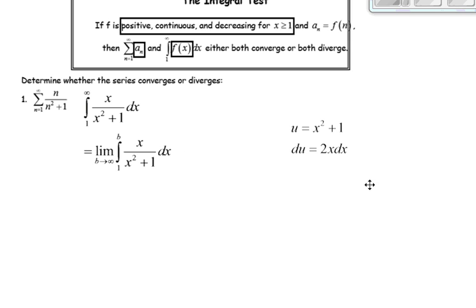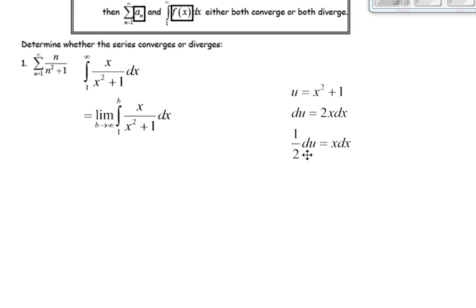And so we have the x sitting up here, but we need to take care of the 2. So then that would be 1/2 du equals x dx. All right, so since we have that 1/2, I'm going to put that 1/2 out in front of the limit. And then I'm going to do my u substitution. So this would end up being 1/2 times the limit as b approaches infinity of the integral from 1 to b of 1 over u du.